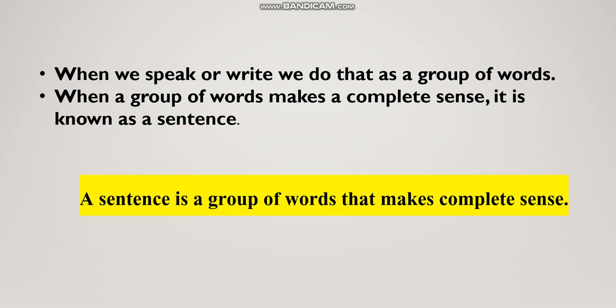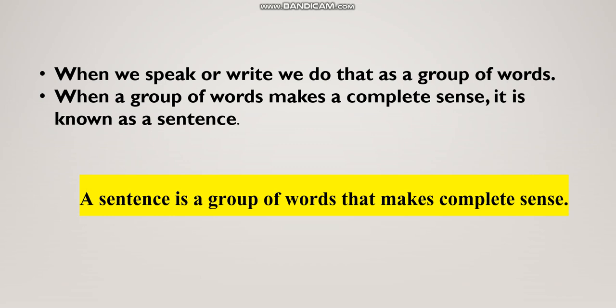So, if after you read those words you get a complete sense or meaning, in that case, it is known as a sentence.